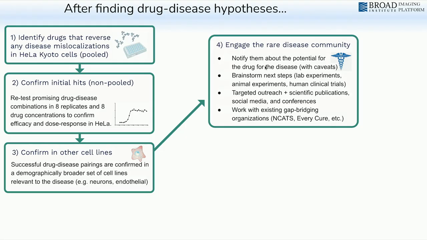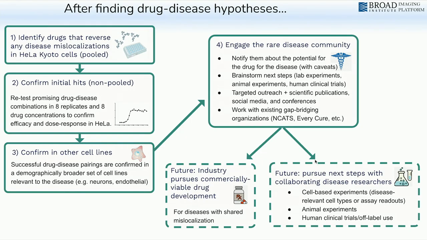And so we will notify them, of course, with caveats, because this is coming straight from a cell-based experiment in the lab. But then we can brainstorm next steps. For drugs that are very mild and unconcerning, it might make sense to actually try them off-label in human patients. In other cases, there will be obvious lab experiments or animal experiments to do first to make sure that it looks like it will be effective.